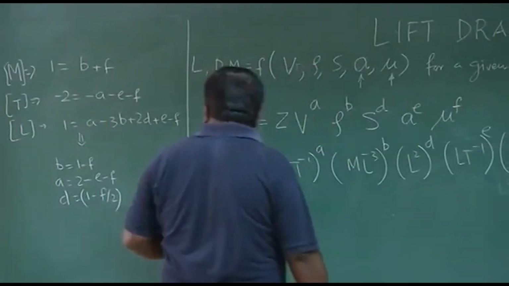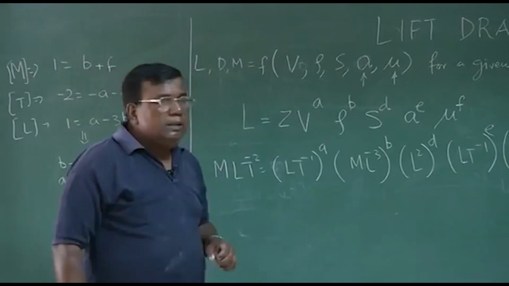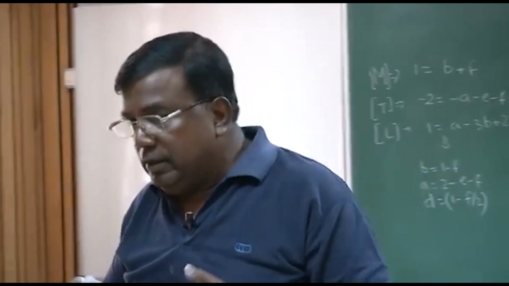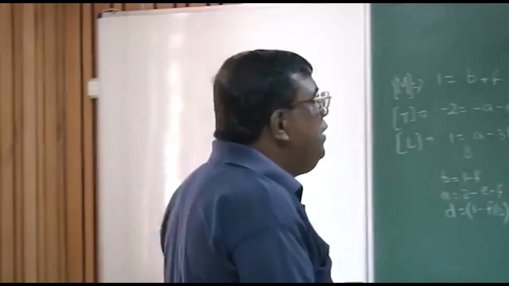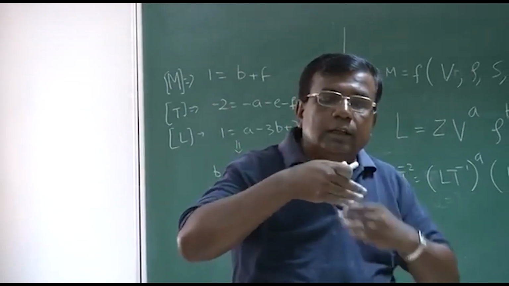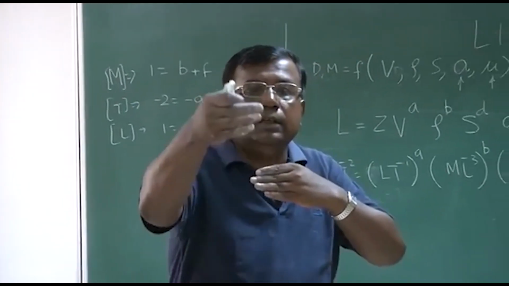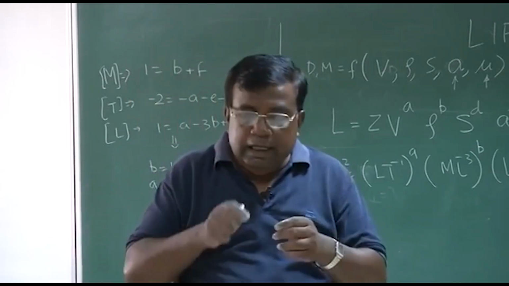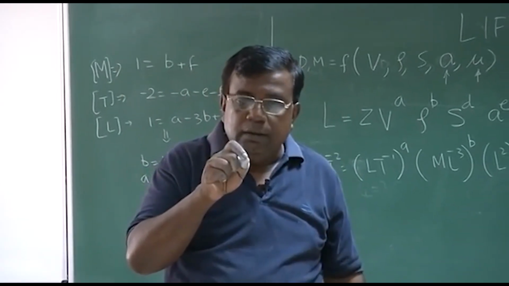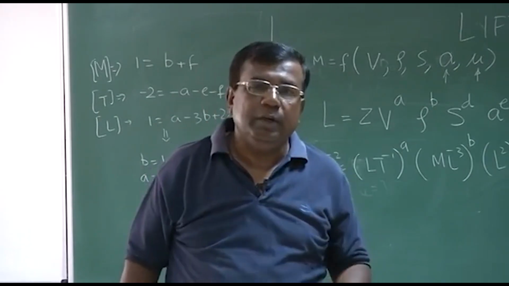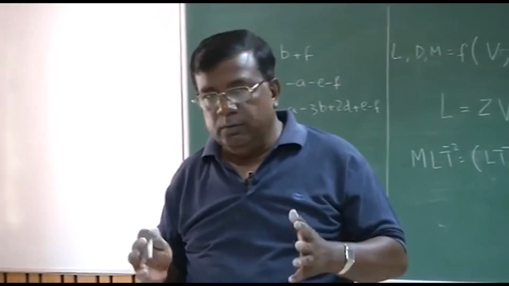Why velocity of sound? Let us think. See, how do we define velocity of sound? I will not go into detail on this, but I will try to build a platform. How do you define velocity of sound? If there is a disturbance and it gets propagated with the speed of sound, right? Any small disturbance in a medium gets propagated with a speed equal to the velocity of sound.